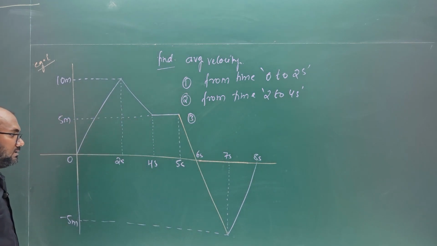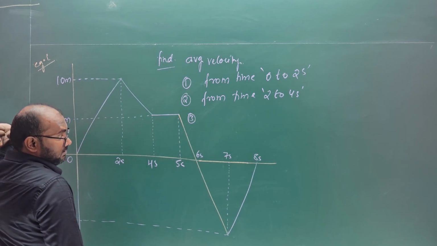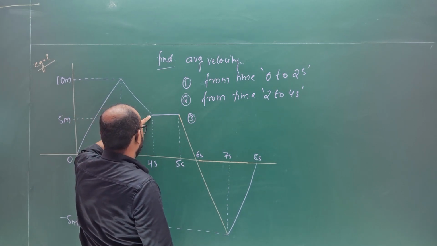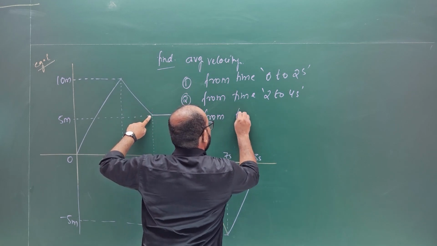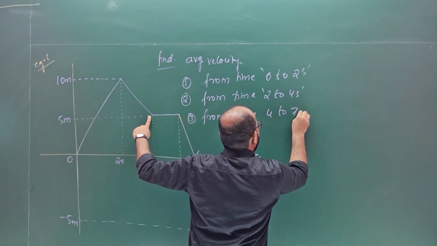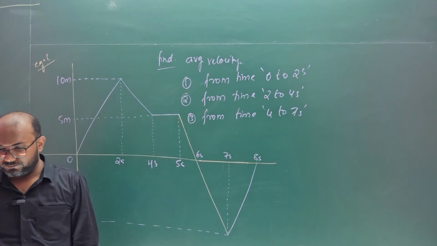Third, make it 6 to 8. Okay, from time 4 to 7, do that. 4 to 7, here is the 7, so here is the 4. So time from 4 to 7 seconds. Okay, come on, try now.